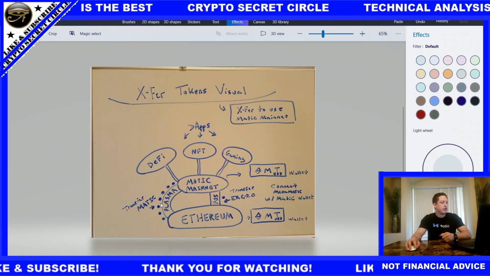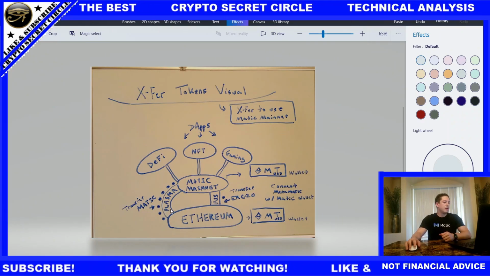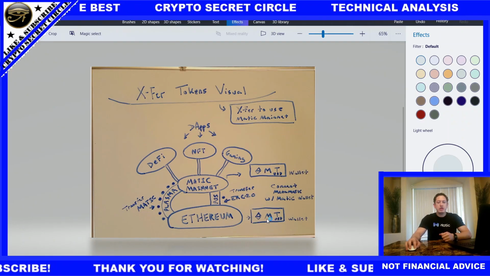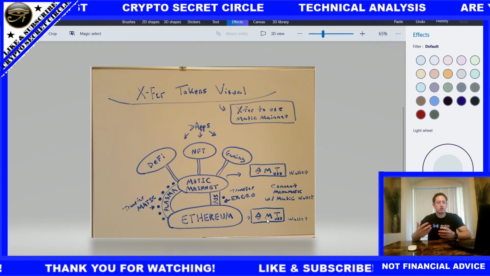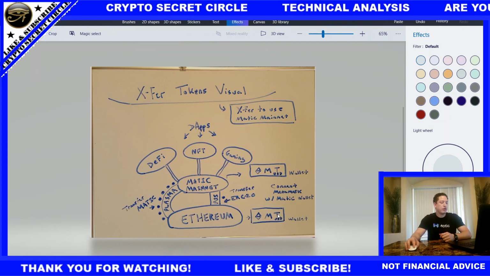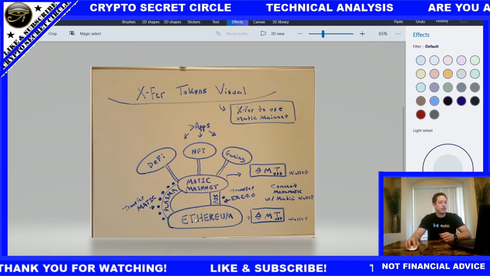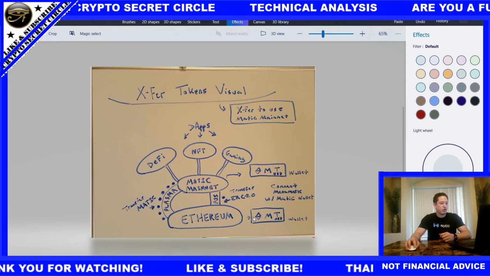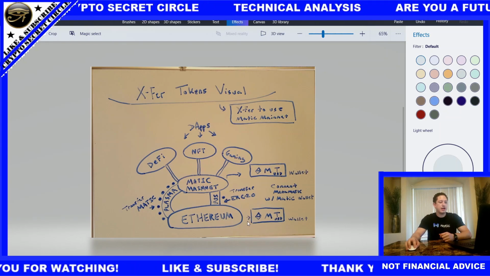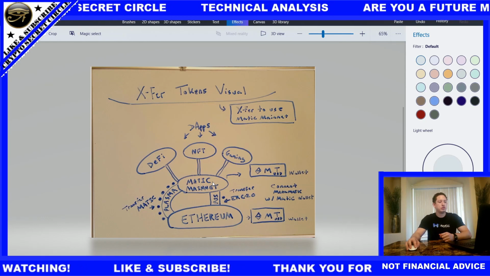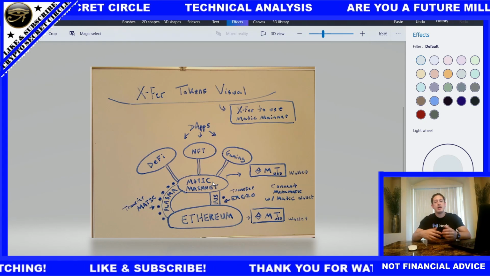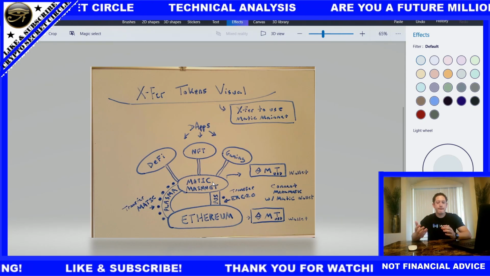layer 2 protocol. So, here, you'll need to have assets moved over to your MetaMask wallet or MetaMask equivalent, and that all will be on the Ethereum main chain. You're then going to send your assets over to the Matic Mainnet, and in order to do that, you'll need a Matic Wallet.